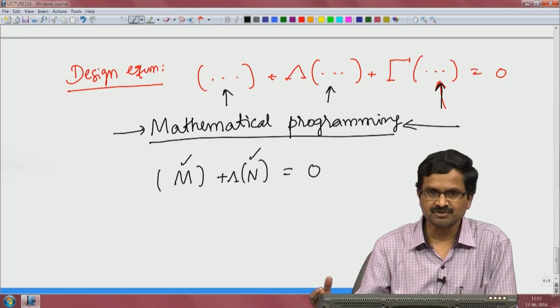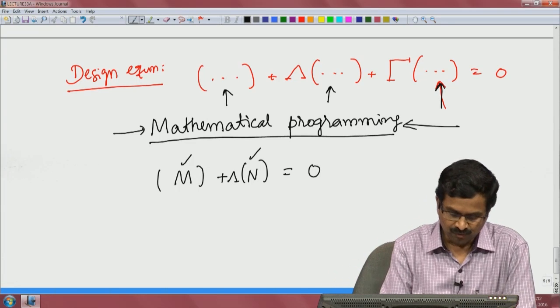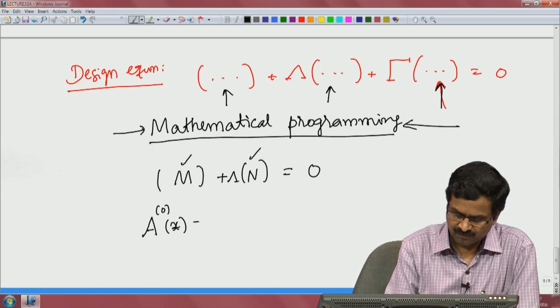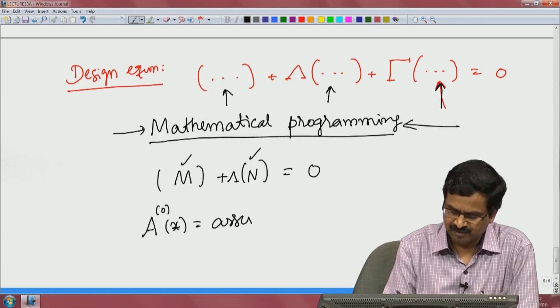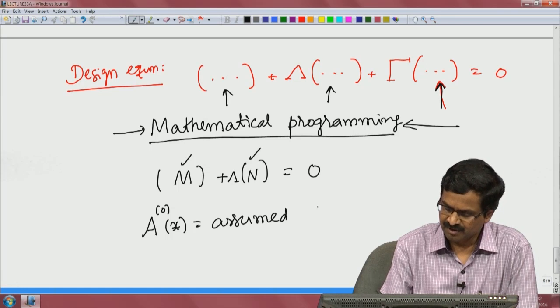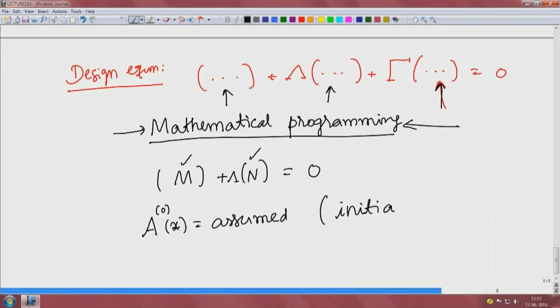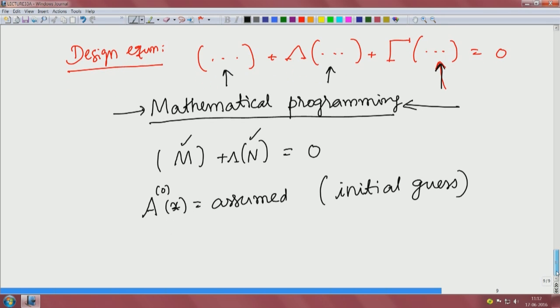That governing equation we can solve whenever we have A. So, we assume, let us say, an iteration A0 of x. In any optimization problem we need to have an initial guess; you have to start somewhere. You take that initial guess so that it satisfies the volume constraint. Make sure that it satisfies the volume constraint.